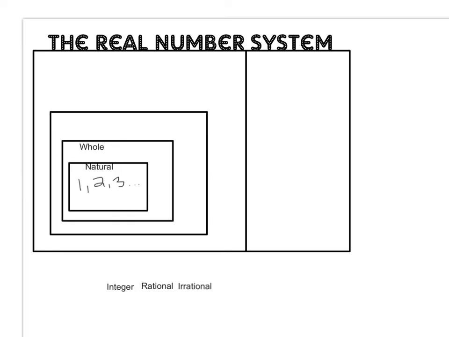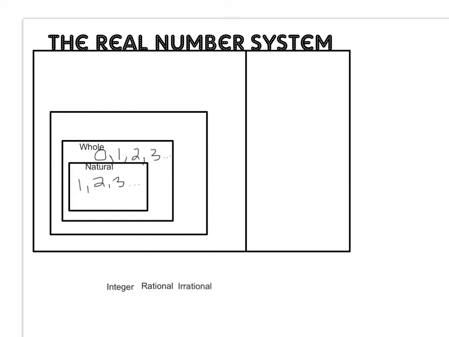Whole numbers are all of those natural numbers plus 0. So we have 0, 1, 2, 3, and so on. Okay, so the only difference between natural numbers and whole numbers is that whole numbers include 0.